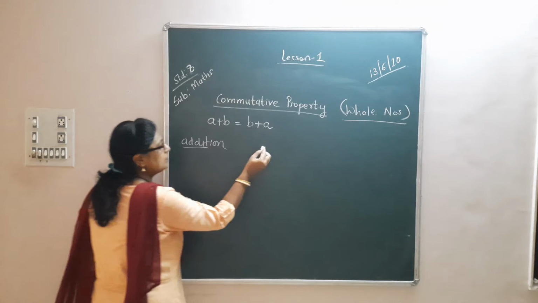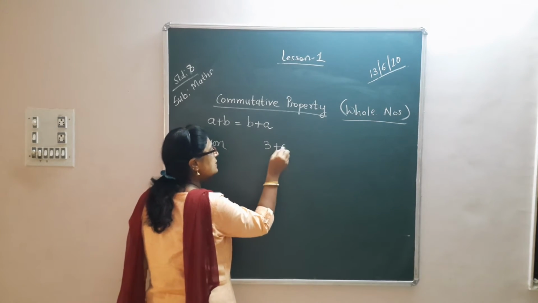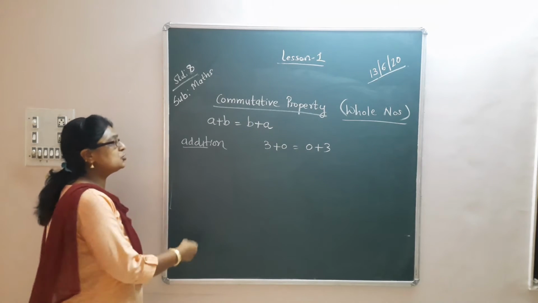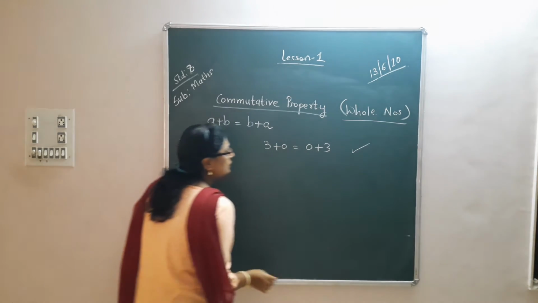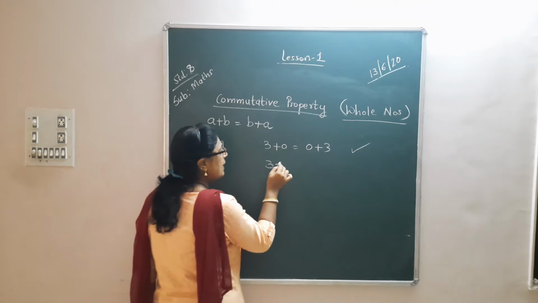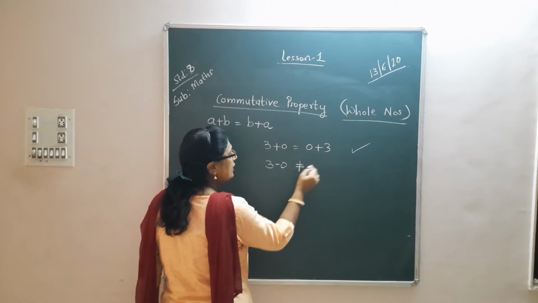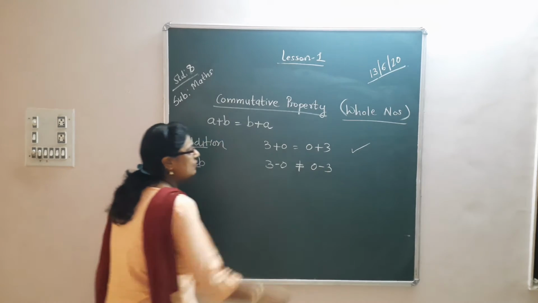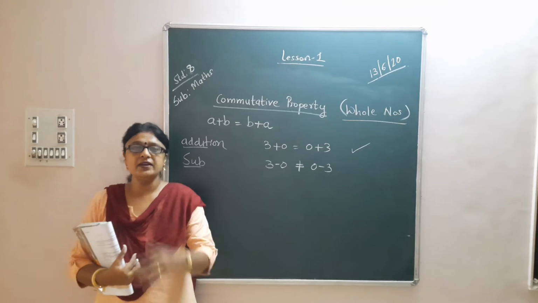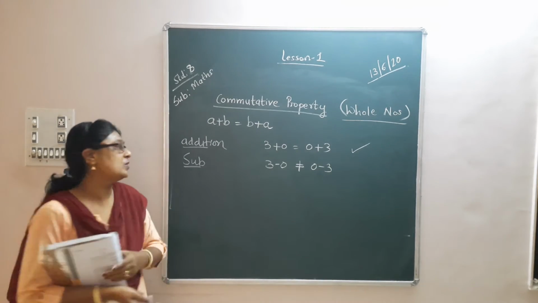Now for addition, suppose if I say 3 plus 0 is equal to 0 plus 3, right? So it is true for addition. Suppose if I say subtraction, 3 minus 0 is not equal to 0 minus 3. Why? Because 3 minus 0 is 3 and 0 minus 3 is minus 3.